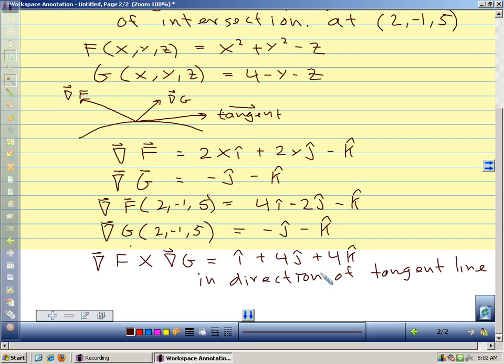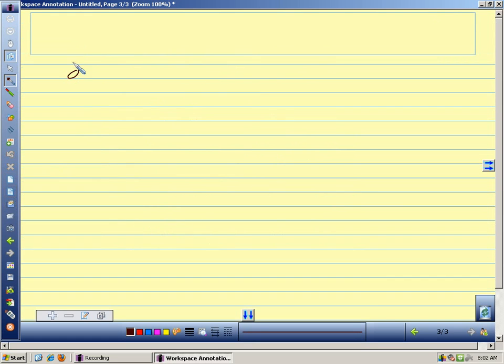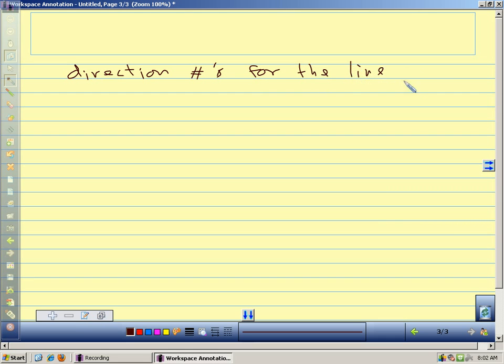The cross product gives us our direction numbers. So our direction numbers for the line are A equals 1, B equals 4, and C equals 4.